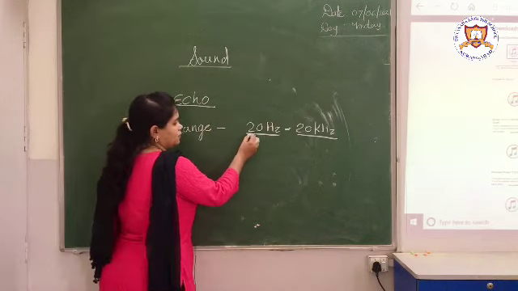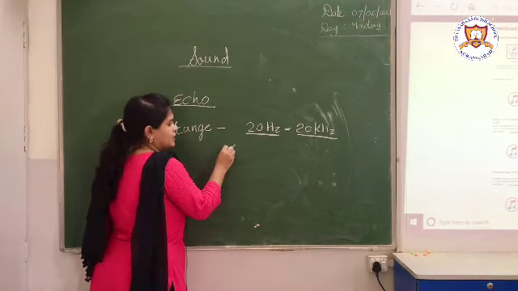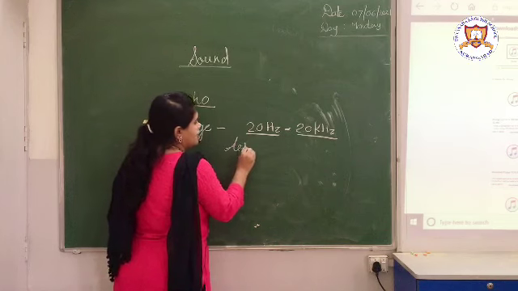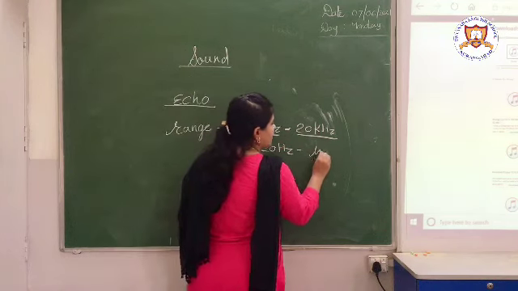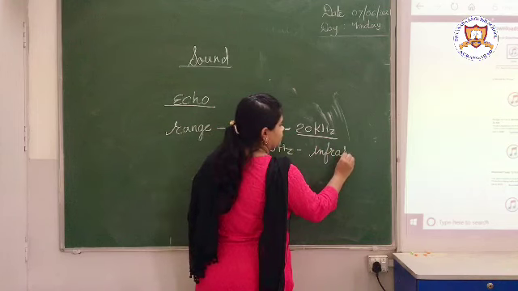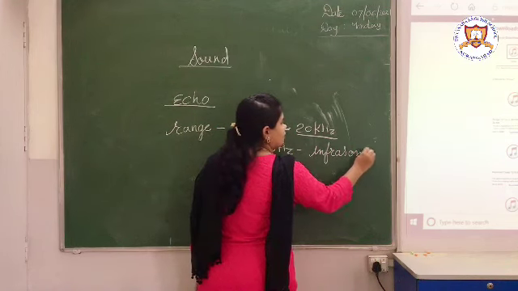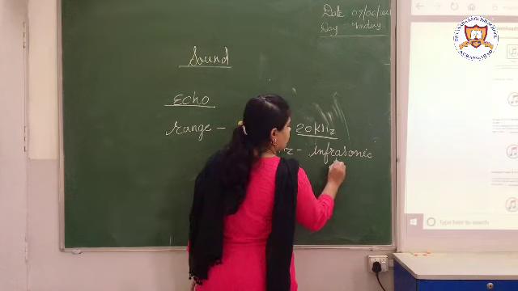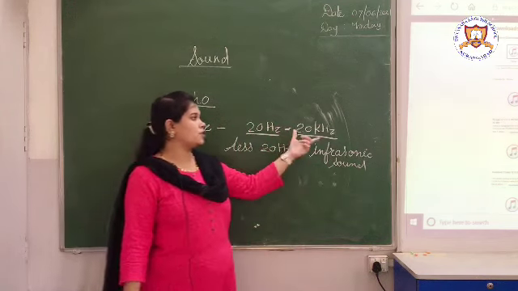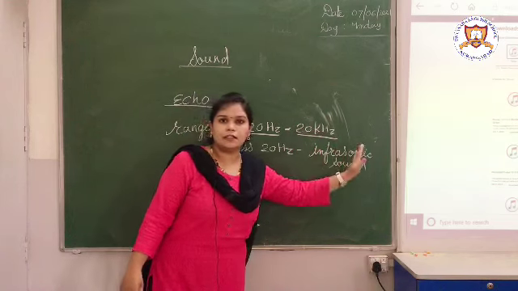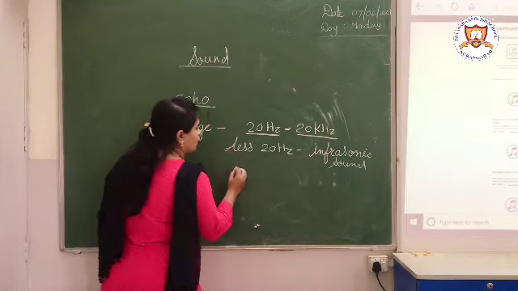But what if the sound is less than 20 hertz? If it is less than 20 hertz, then we call this sound infrasonic sound. And sound which is greater than 20 kilohertz, we call ultrasound.